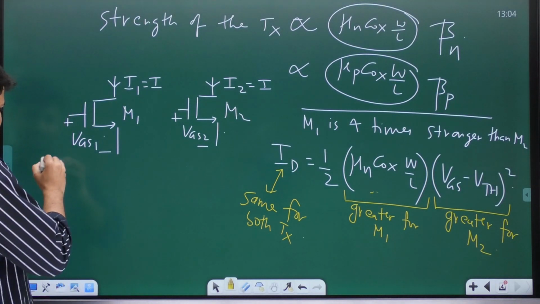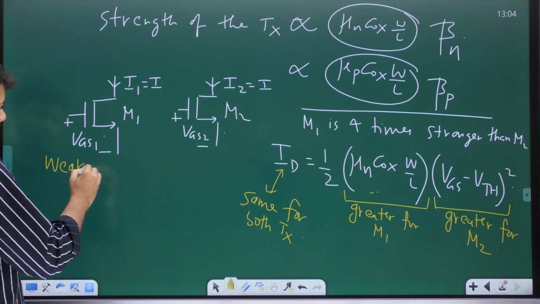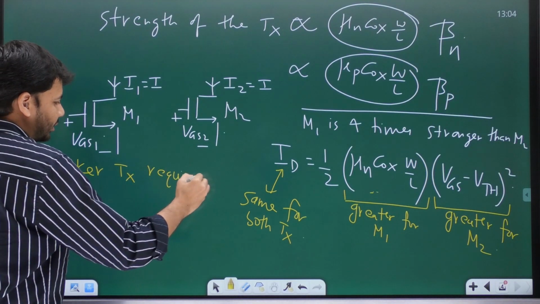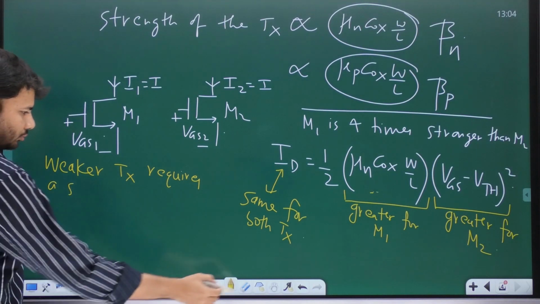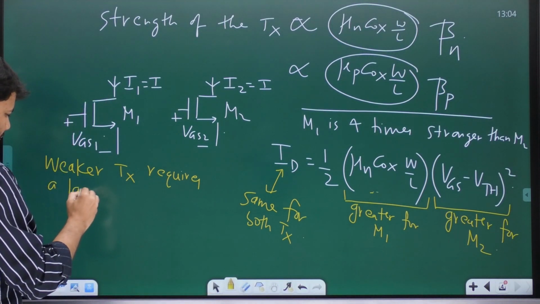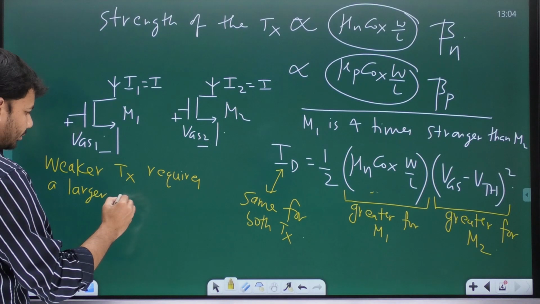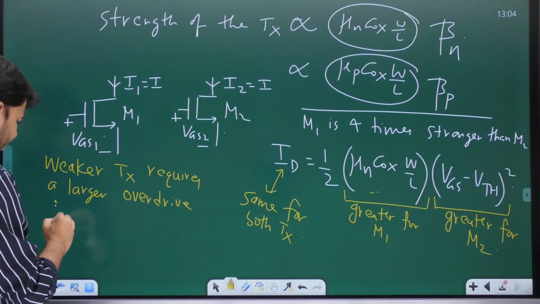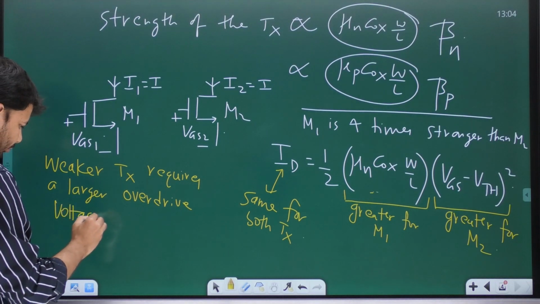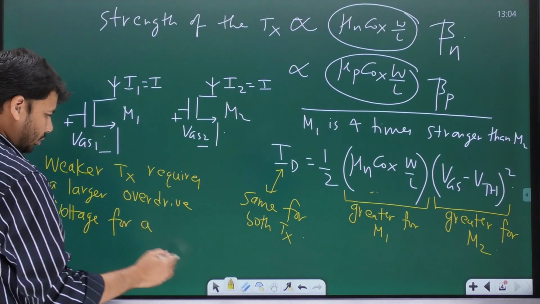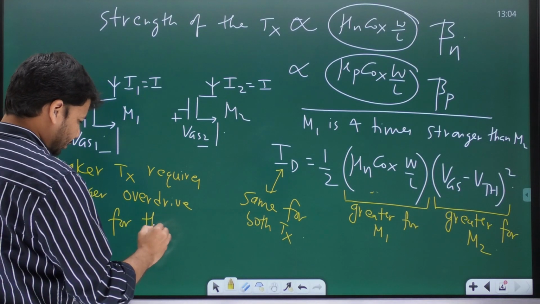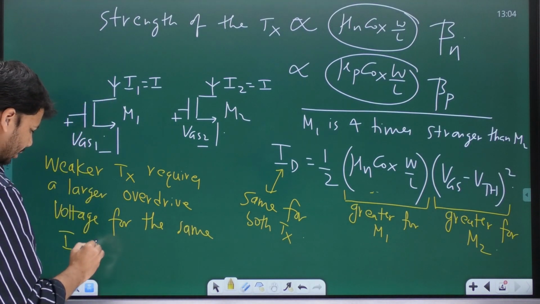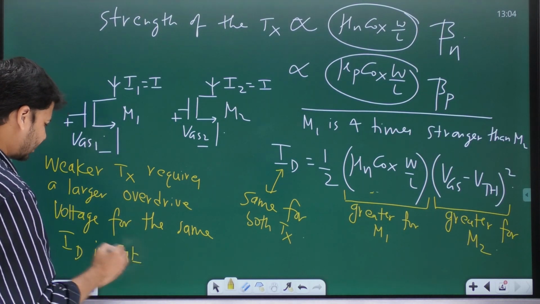So the weaker transistor requires a larger overdrive voltage for the same drain current ID in saturation.